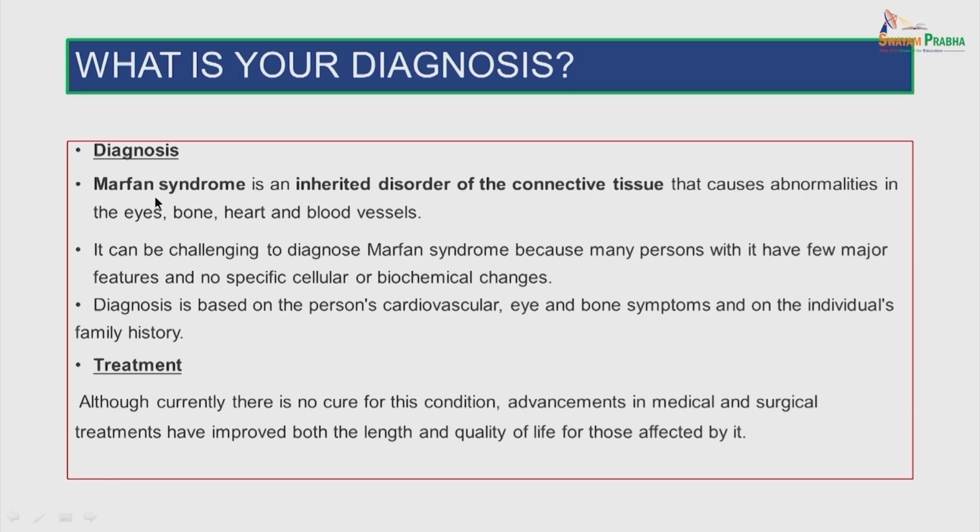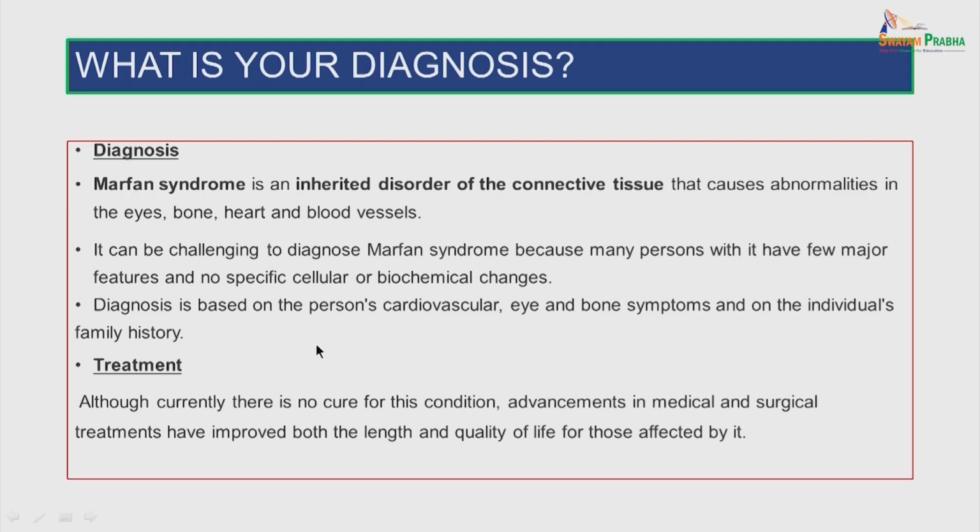So this is the diagnosis for the clinical scenario which was given in the first slide. So the diagnosis is Marfan syndrome. It's an inherited disorder of the connective tissue that causes abnormalities in the eyes, bone, heart and blood vessels. It can be challenging to diagnose Marfan syndrome because many persons with it have few major features and no specific cellular or biochemical changes.